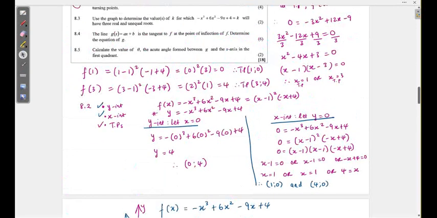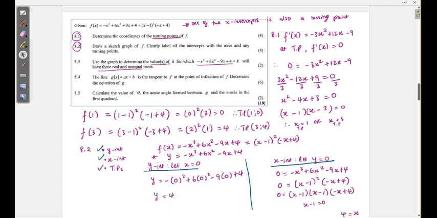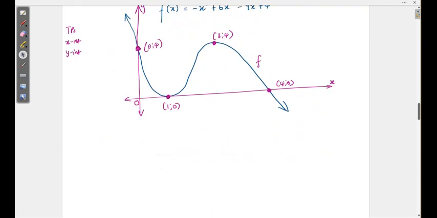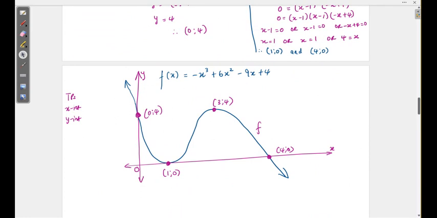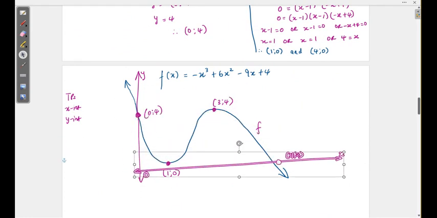Then there's this question that they like to ask, to say, use the graph to determine which values of k for which these will have 3 unequal roots, right? Now that one is actually a bit of a chapter on its own, but there are predetermined solutions to it. So usually if you just see 3 roots, it will mean that you must move this line between the 2 turning points, isn't it?